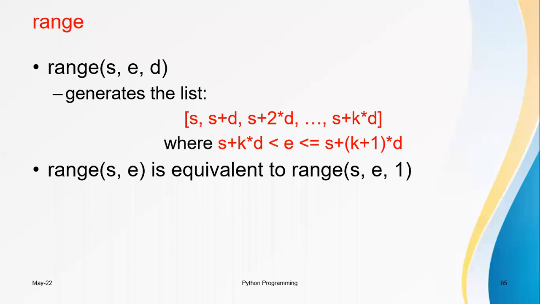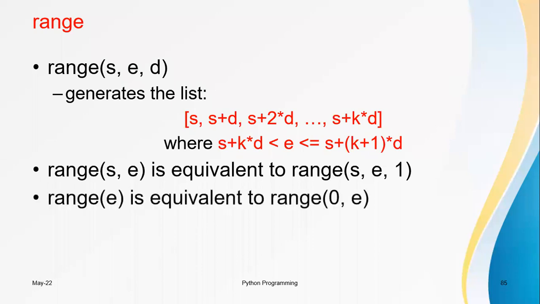Nobody is giving it, but if nobody gives, the compiler will take it as one. Range(E) is equivalent to range(0, E). You may ask why there are three elements. They are important arguments, but nobody writes all three every time. Sometimes they write one, sometimes two, very few times three. In that case, what is the default value? Understand this.